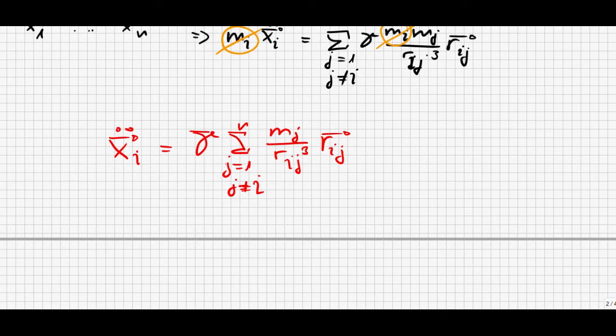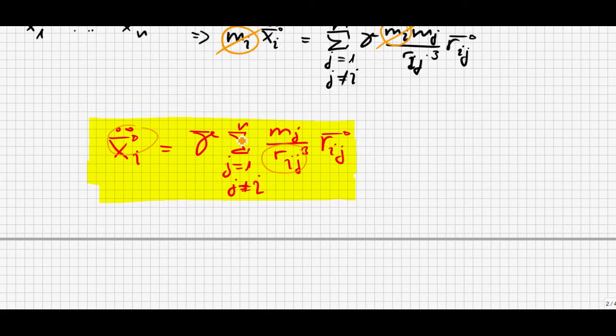Oh, and of course I forgot the n up here. So this is an equation of motion. It's an ordinary differential equation of second order, because we have the second derivative in here, and hidden in the rij we also got the current position, so this makes it a second order case.